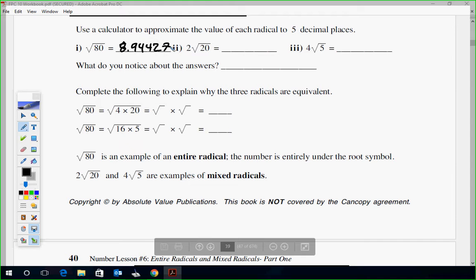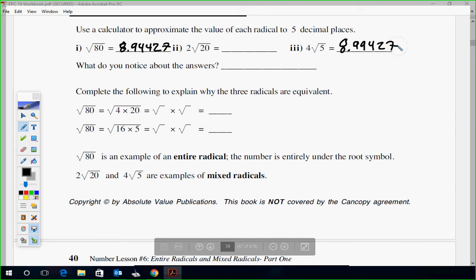8.94427. Okay, good. And what did you get, Caleb? 4.4. So you times it by 2, right? Oh, I square rooted it by 4. Yeah, try that. Go ahead. Do you have yours, Calvin? I got 8.94496. Okay, I think yours will round to 7 as well. I rounded it.